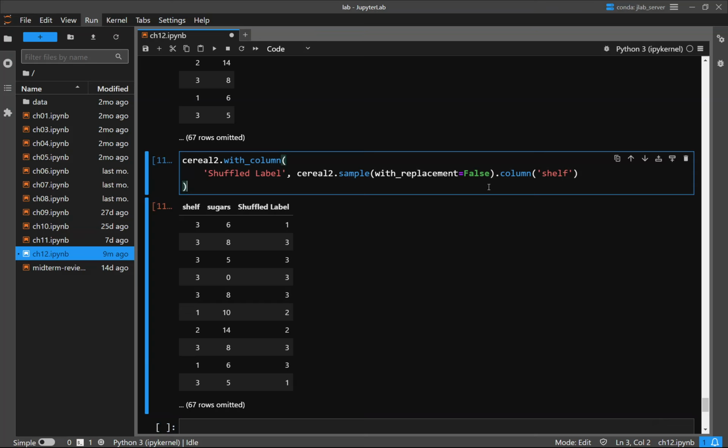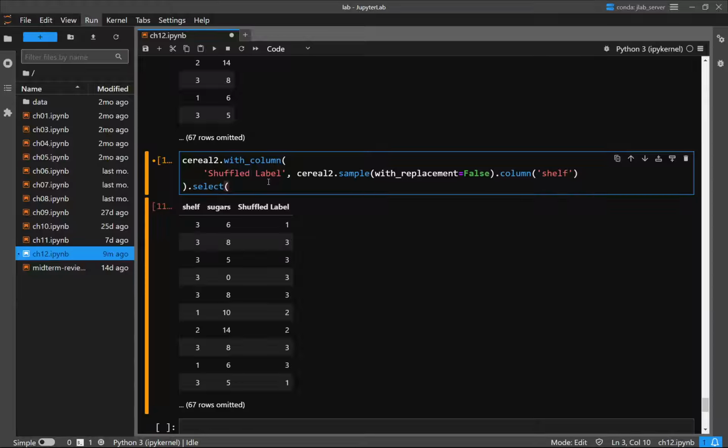And then all I really want to do is get the average amount of sugars for the shelf 2s in the shuffled label. So one thing I could do is select out just the shuffled label and the sugars, because when you do an average by grouping, it will average together anything that's numeric.